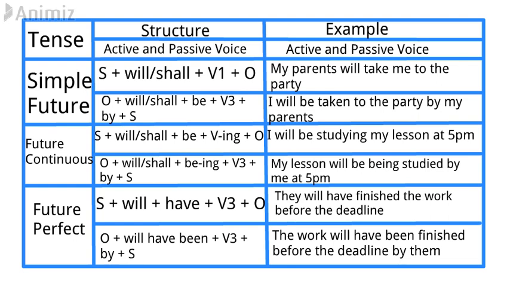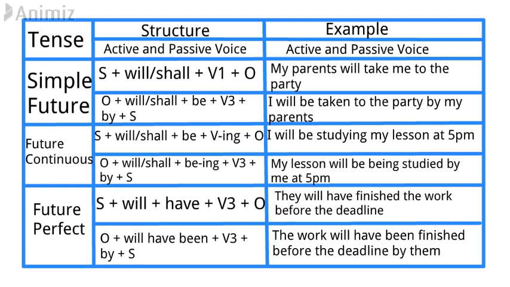Remember, students, we use will have been with this. Third form of the verb and by and subject. So here the answer will be: the work will have been finished before the deadline by them. They will be changed into them when we use passive voice.